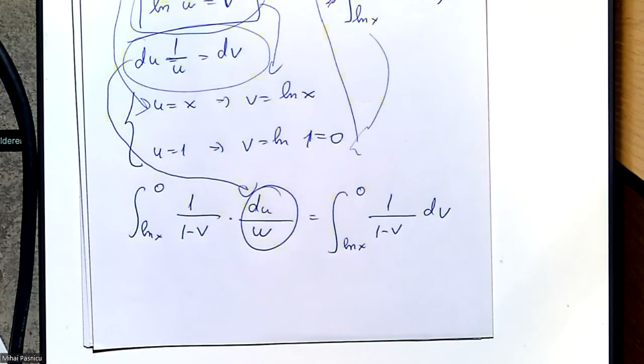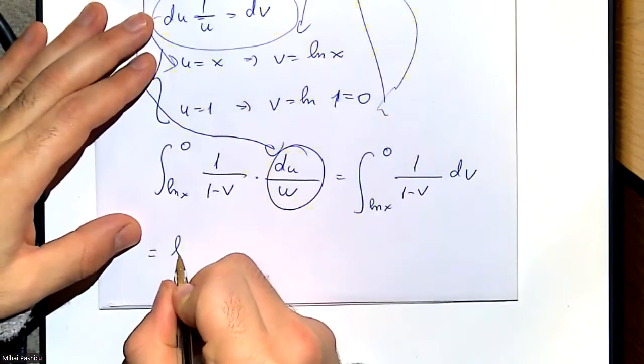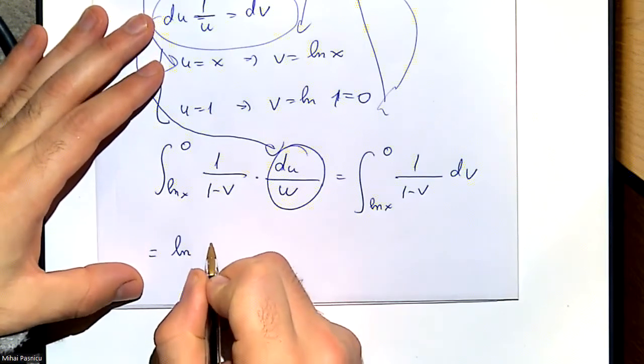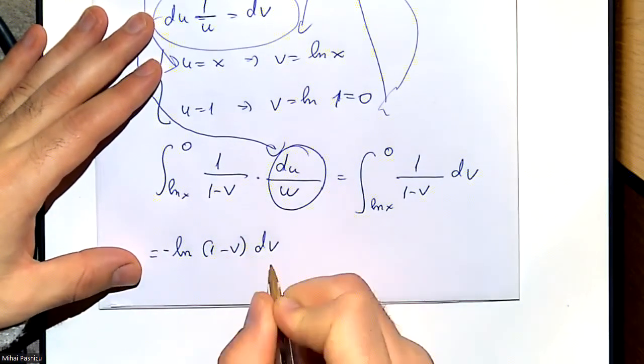Which is really beautiful. Okay, because what do we know about 1 minus v, or in general? That's just a log. So this is just a log of, with a minus, 1 minus v dv.